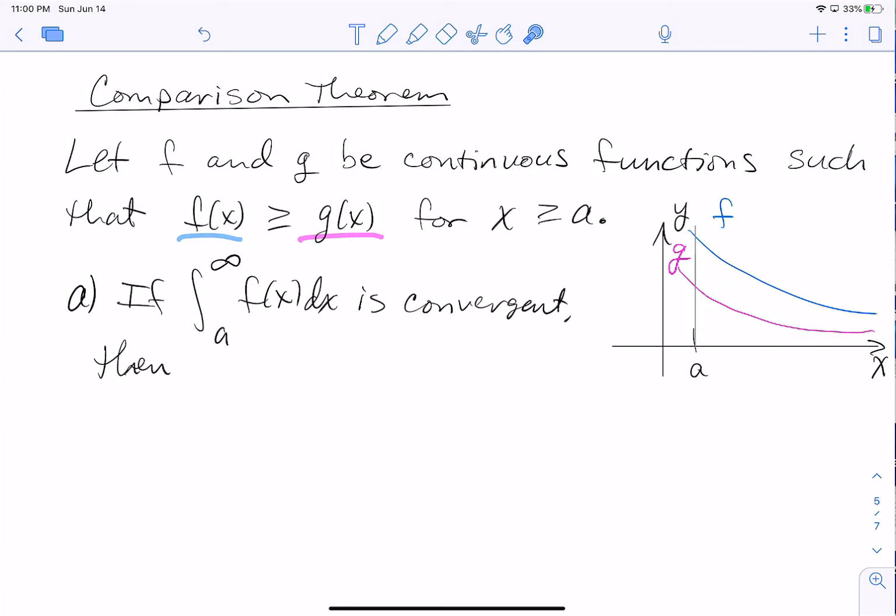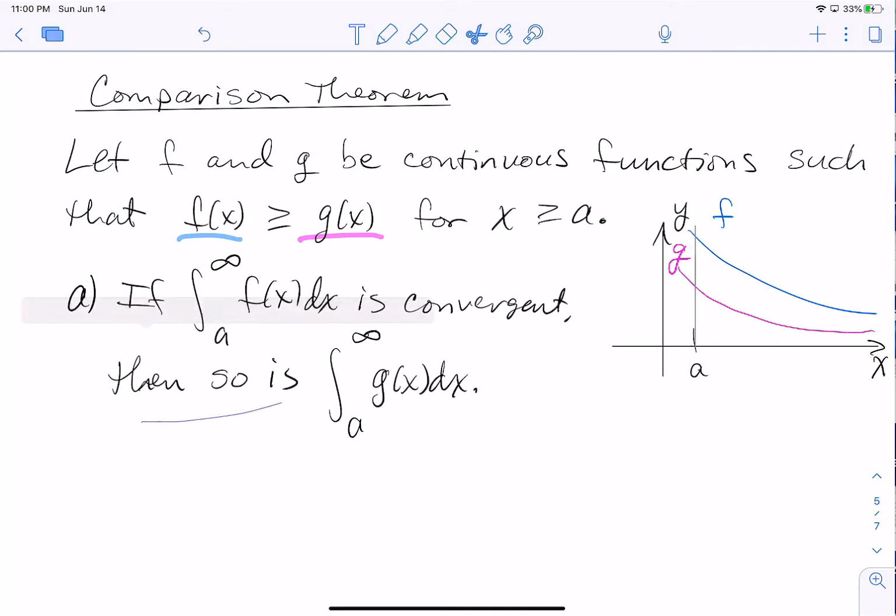And so if the area under f is finite, then the area under g is finite. So if the integral of f from a to infinity is convergent, then so is the integral from a to infinity of g of x dx. Let me fix this a little bit.